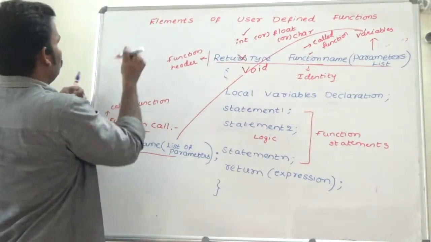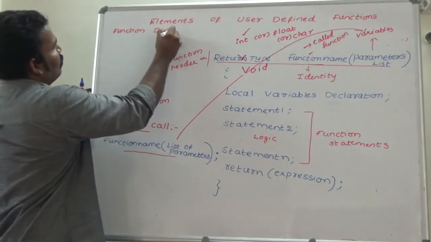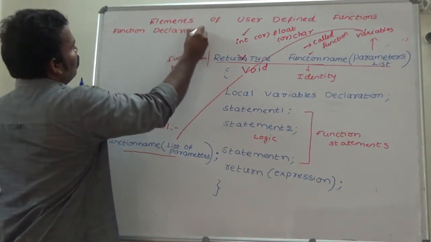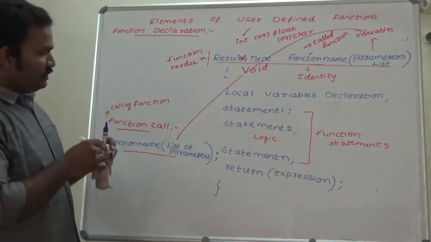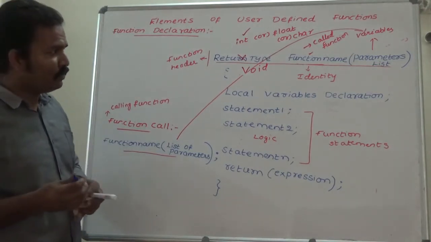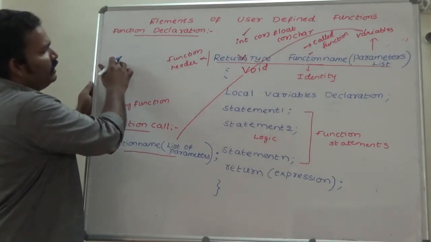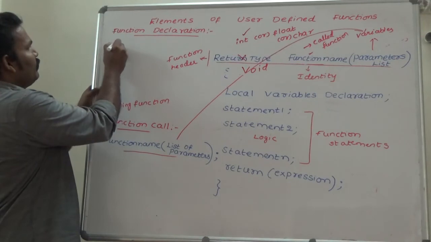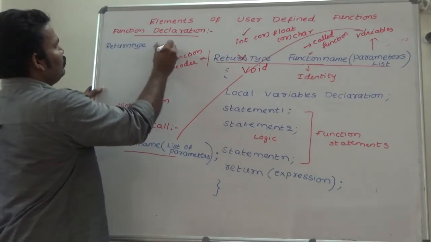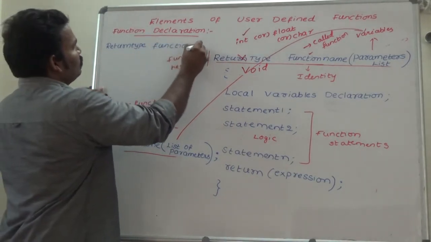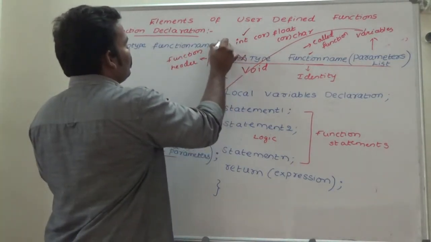Function declaration. Every function must be declared before it is used in a program. Here is the syntax for declaring a function: return type, function name, followed by parameter list.